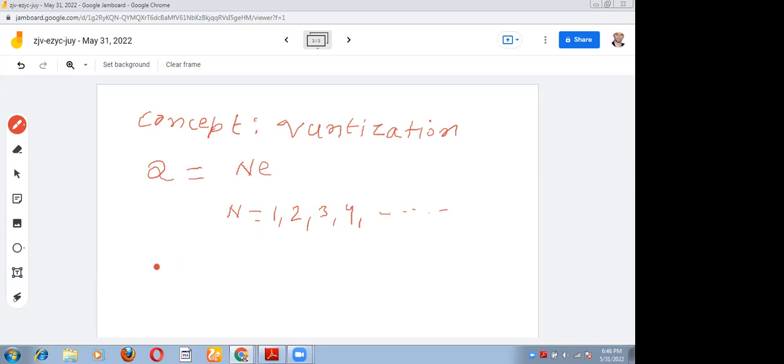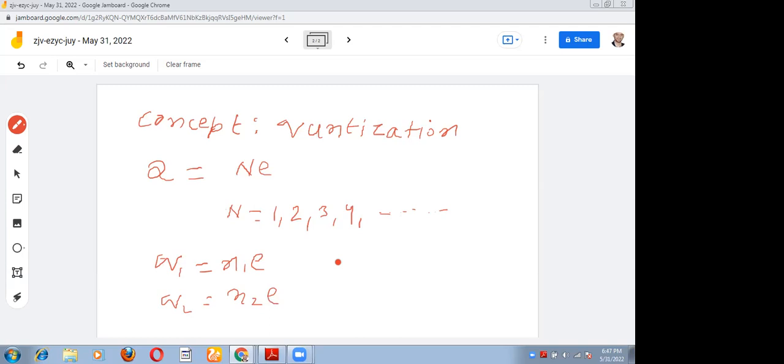So the Q1 charge should be, suppose, an integral quantity n1 into e, correct? And Q2 should be n2 into e, right or wrong? Right.